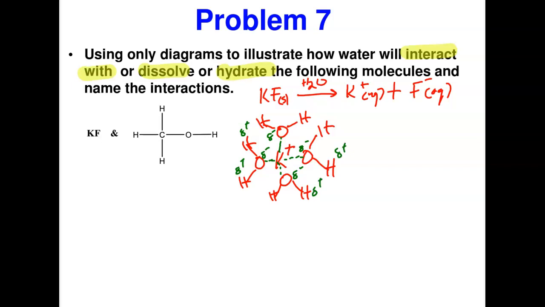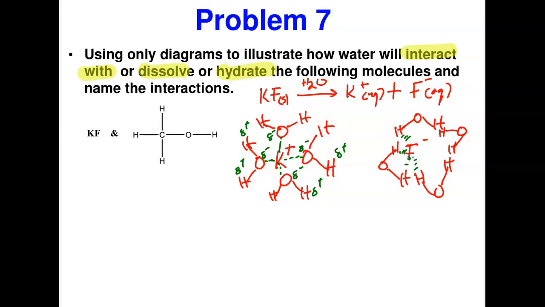Then we go to the next one. The same thing will happen. If we go to fluorine, again, fluorine is negative. Fluorine will be surrounded by numerous water molecules from the hydrogen side. So these bonds are going to interact this way.